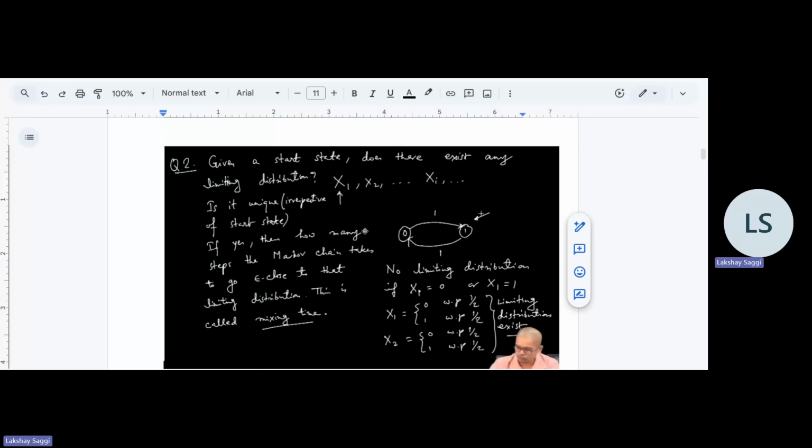Then at X2 you will be at state 0 with probability 1, at X3 at state 1 with probability 1. So you keep alternating between 0 and 1 at alternate time steps. It won't converge to a single value, because if the time is even you will be at 0 with probability 1, and if the time step is odd you will be at 1 with probability 1. That's why no limiting distribution exists for this example.